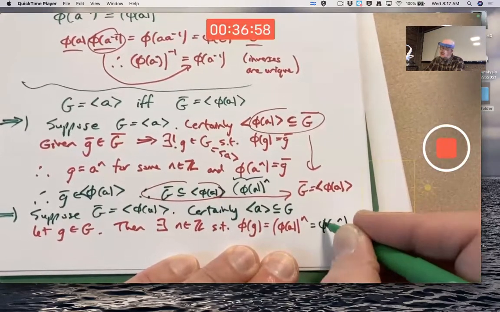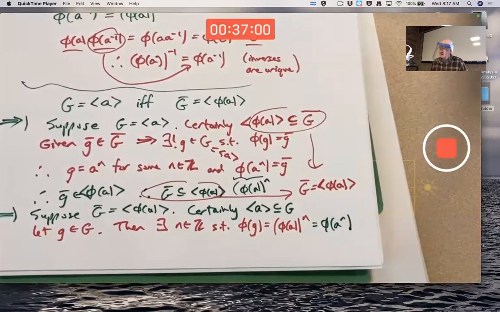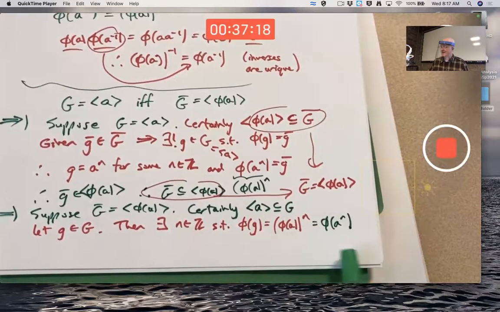Does that do it? Does that prove that g is a power of A? What other fact about isomorphisms do I need to get to my final conclusion? That evidently g would be A to the n.